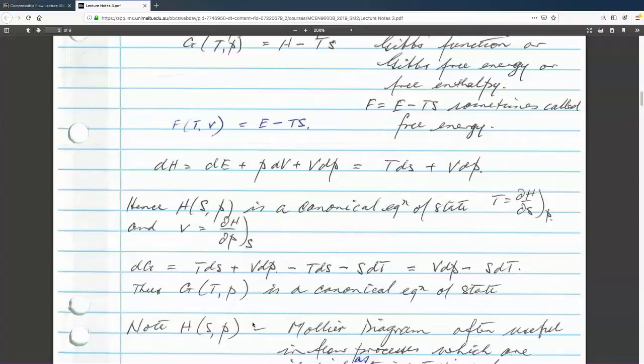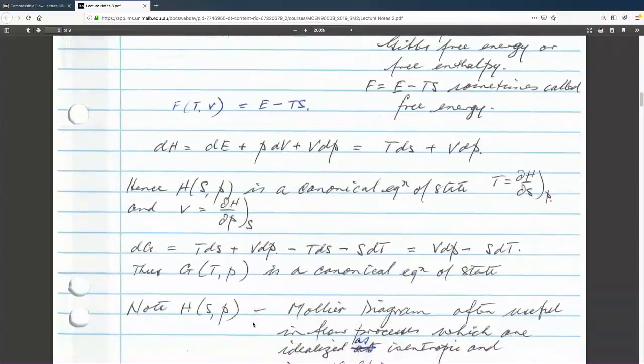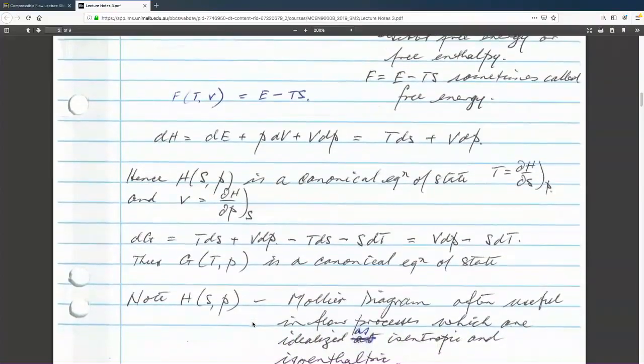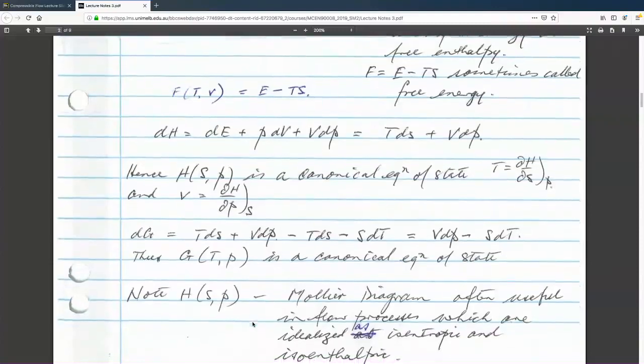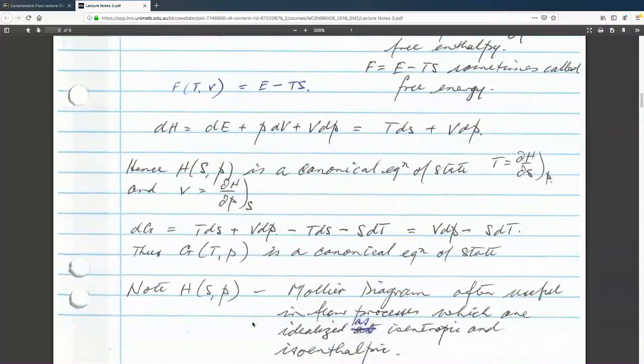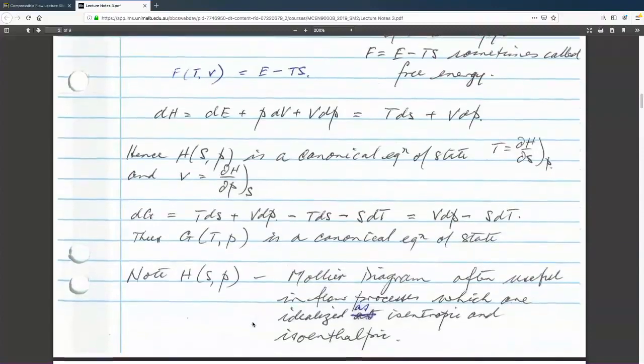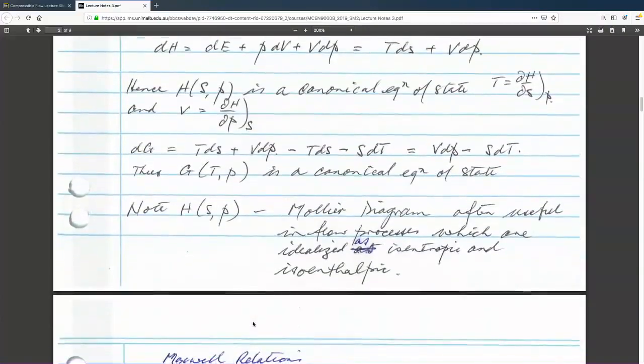It's because flow processes are sometimes idealized as isentropic for part of the process, where the entropy remains constant, and as isenthalpic.